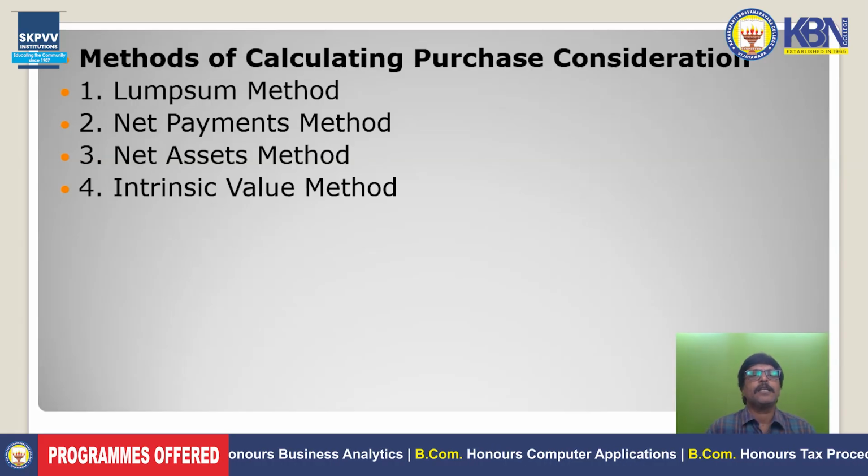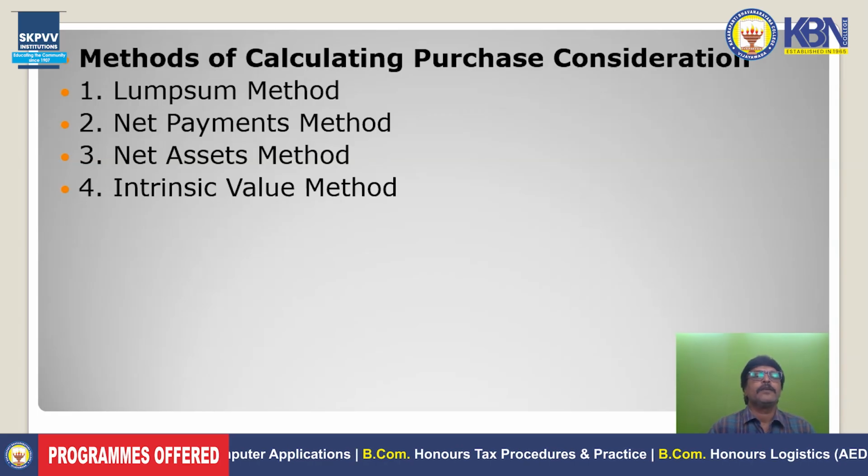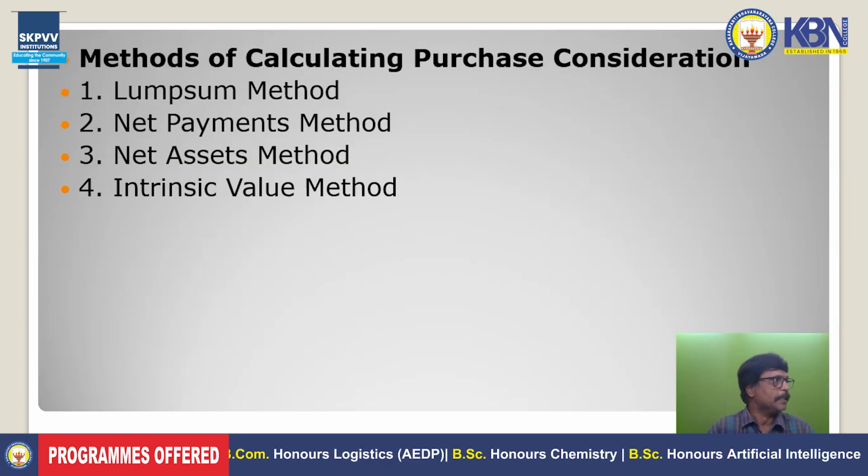Under purchase consideration, we are going to discuss four methods. The first one is the lump sum method, the second one is the net payments method, the third one is the net assets method, and the fourth one is the intrinsic value method.